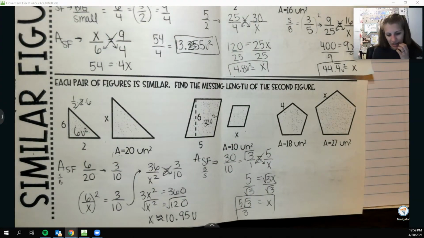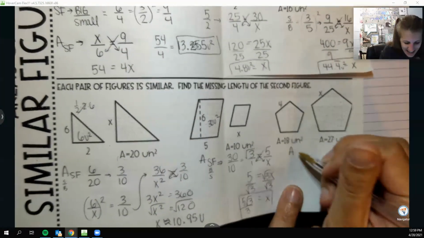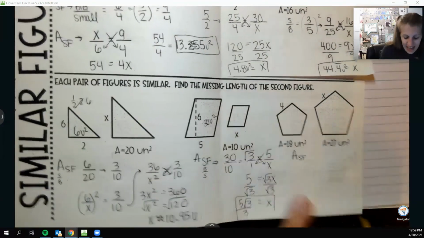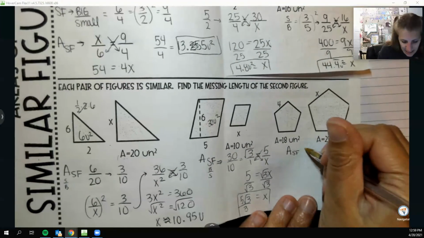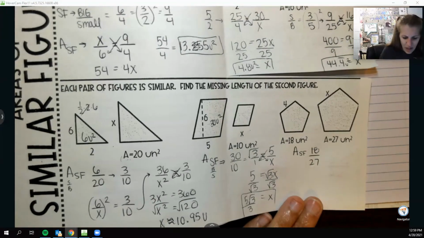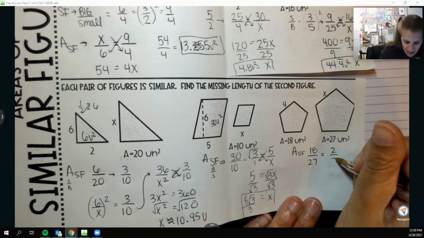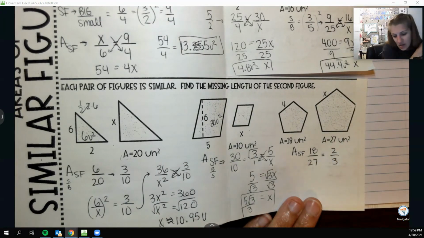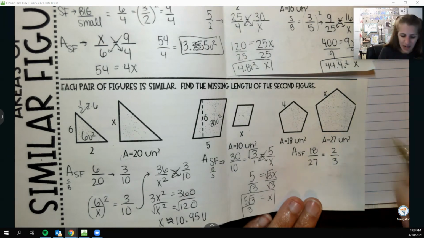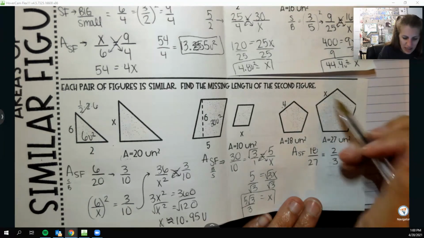And so last but not least, I'll change this one up as well just to really confuse you. If I write the area ratio for scale factor, I would do 18 over 27. And 9 will go into both of those. 2 times here, 3 times there. And so maybe I'm going to square that back. Yeah, I'm not going to square root that because that seems like no fun. I'm going to square the sides.